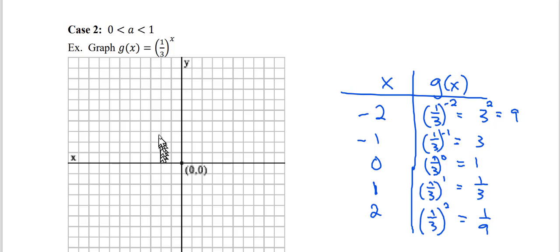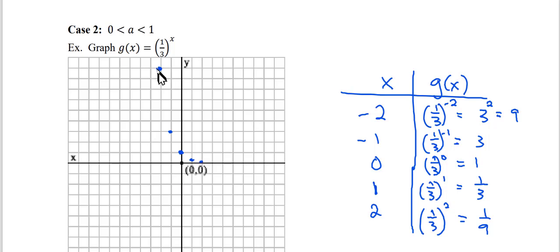Okay, let's plot those. -2, 9. 1, 2, 3, 4, 5, 6, 7, 8, 9, all the way up here. -1, 3 is here. 0, 1. 1, 1/3 will be about here. And then 2, 1/9 is going to be here.